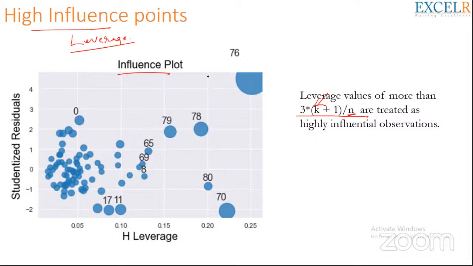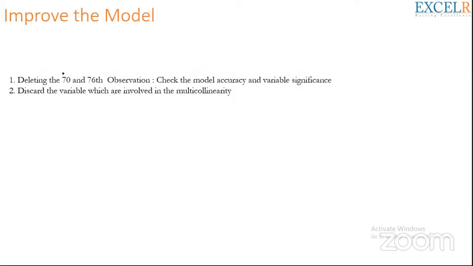For example, if my threshold value is like this, then the 70th and 76th data points are the influential data points. We remove them from the data set, build the model again, and then see the accuracy.